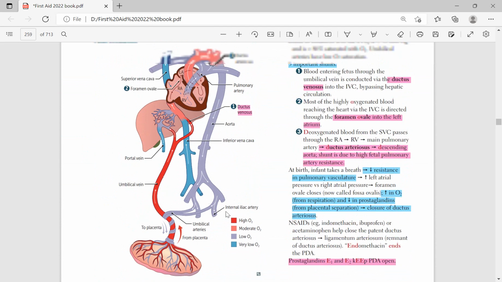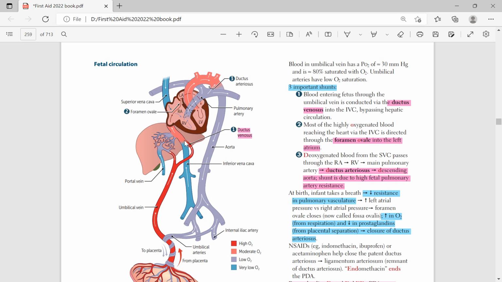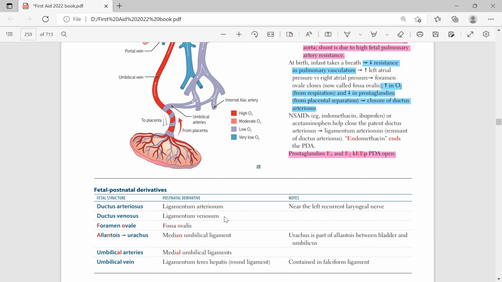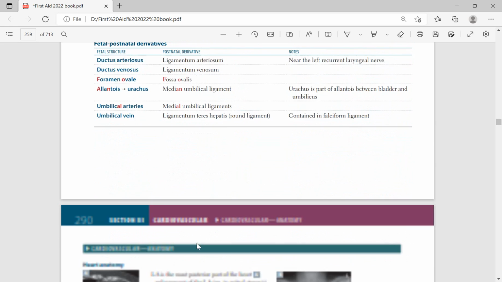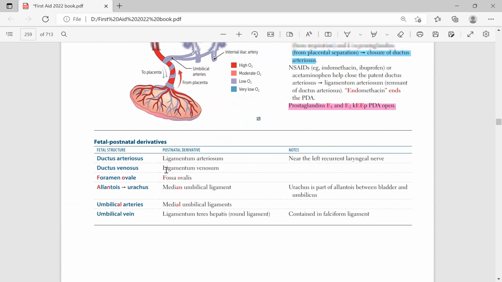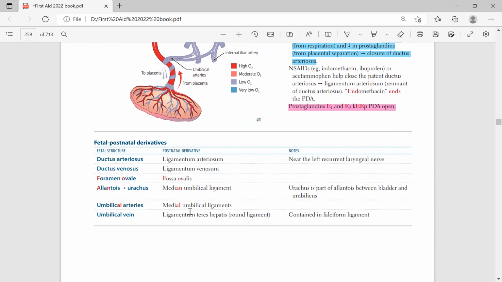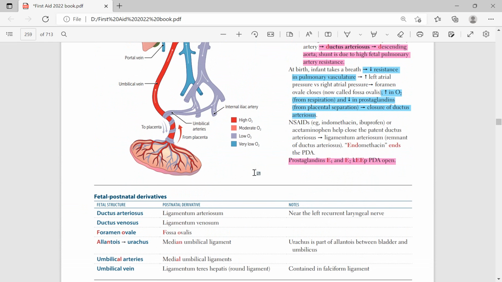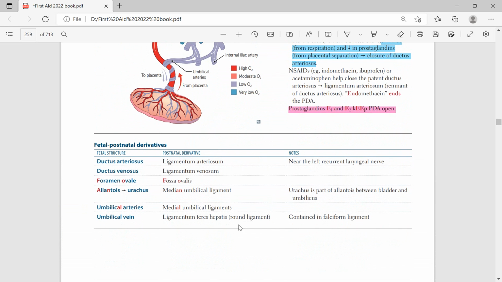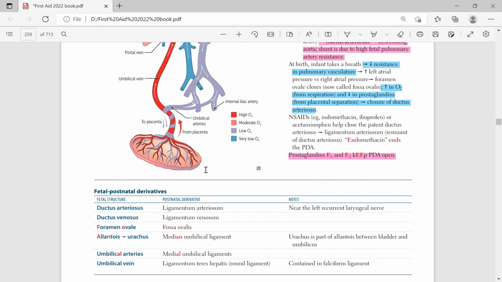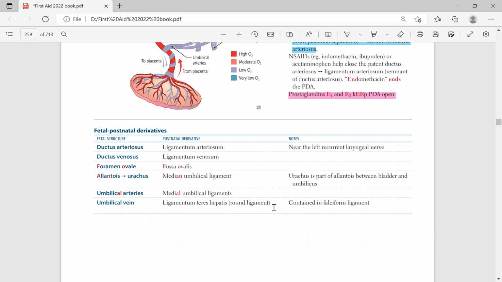The ductus venosus gives rise to the ligamentum venosum, which is situated in the liver. The foramen ovale forms the fossa ovalis between the left and right atrium. Umbilical arteries form the medial umbilical ligaments. And the umbilical vein forms the ligamentum teres hepatis, the round ligament contained in the falciform ligament.